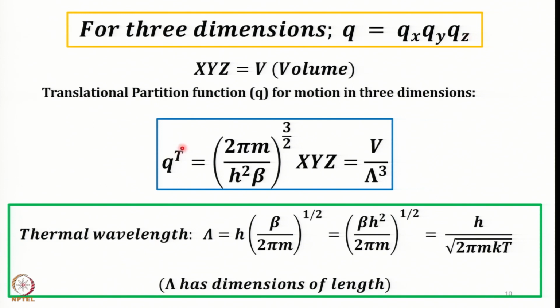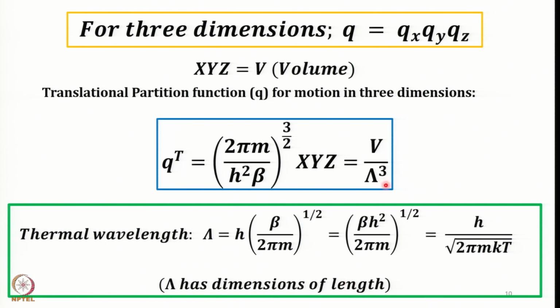We derived an expression for translational partition function, which was V by lambda cube, where lambda is equal to beta h square by 2 pi m, or h by root of 2 pi m kT. We also found out that this lambda has a unit of length, and that is why we started calling it the thermal wavelength.